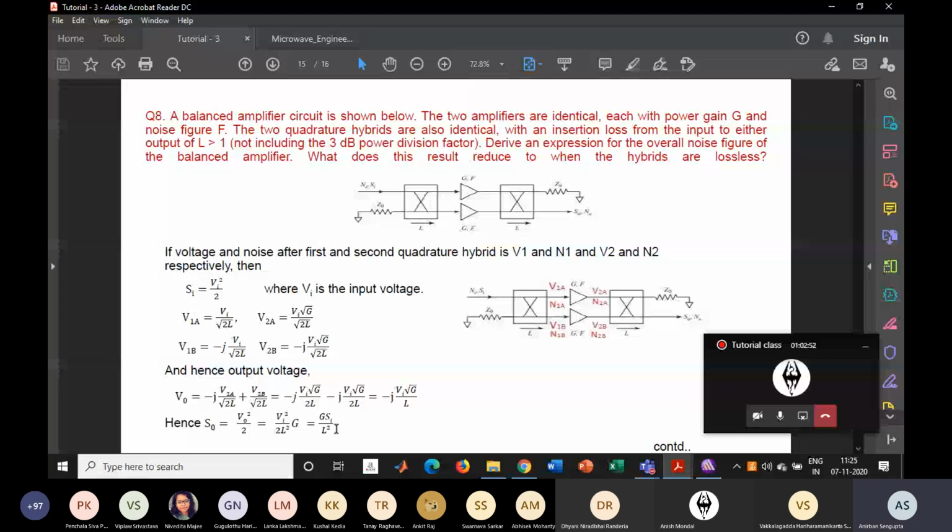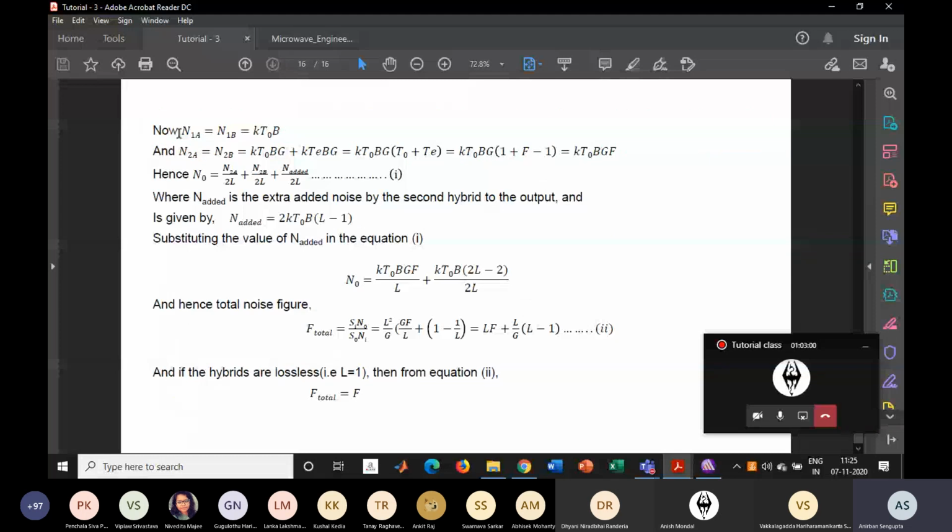Now for the noise, N1A is the noise at the input of the first amplifier, and N1B is the noise at the input of the second amplifier, which are the same. So N1A equals N1B equals K T naught B, the system noise.